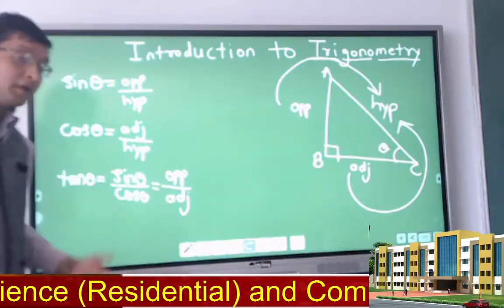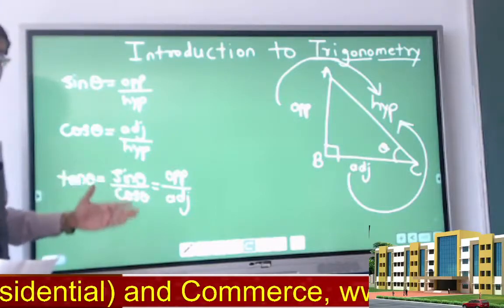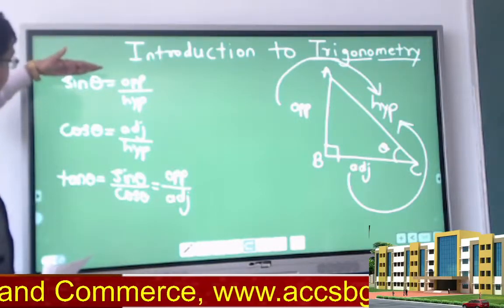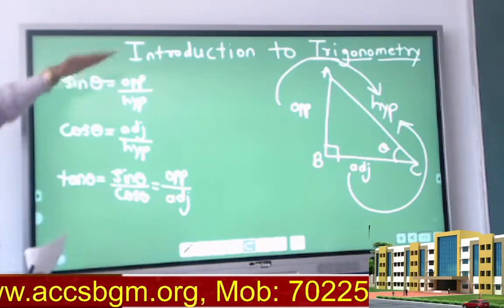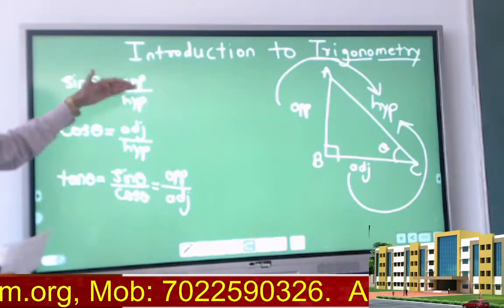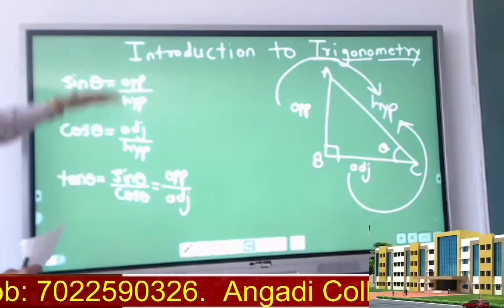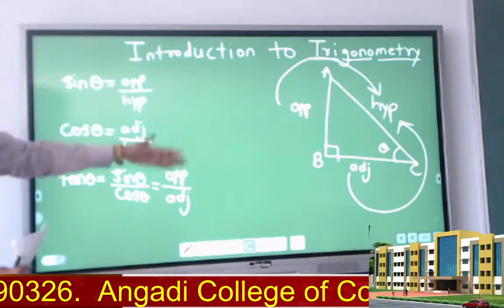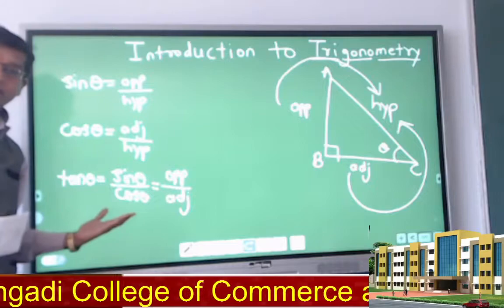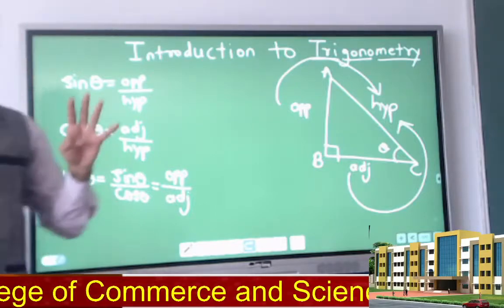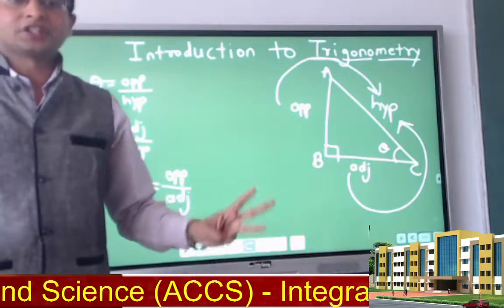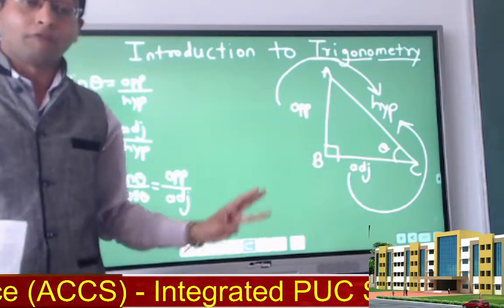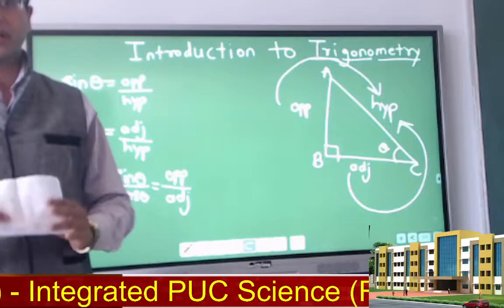One definition, we take the ratio of sine and cos, sine by cos, or else, if you take the ratio, hypotenuse gets cancelled, we get opposite upon adjacent side, that is tan theta. You have to remember these three trigonometric functions. The remaining three are just reciprocals of these three trigonometric ratios.